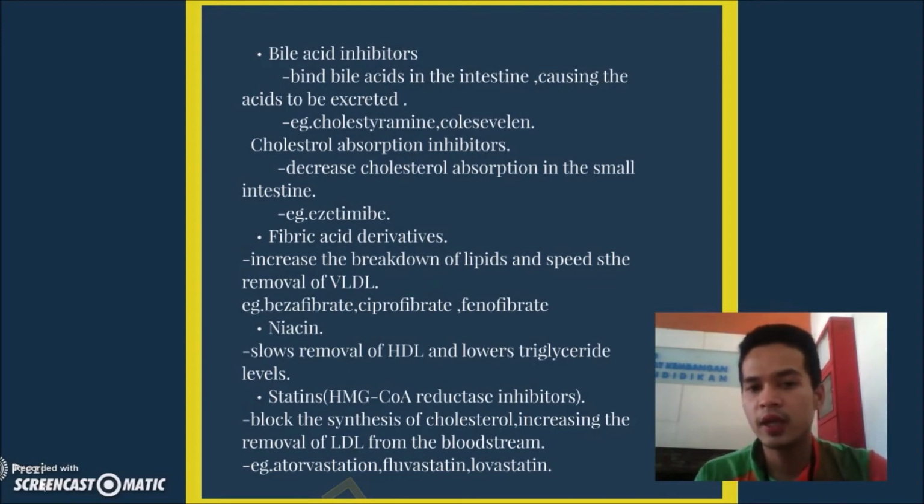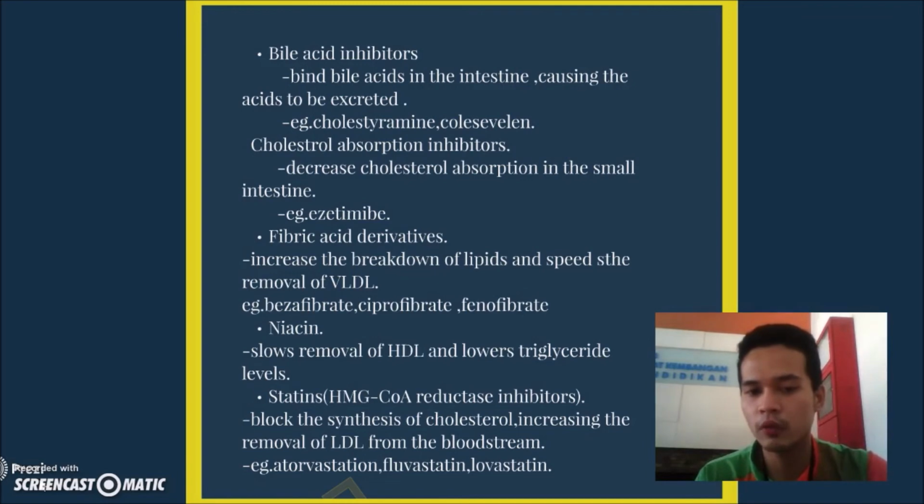Next is the fibric acid derivative. Mechanism of action: increase the breakdown of lipid and speed the removal of VLDL. Examples of fibric acid derivative drugs are bezafibrate and ciprofibrate. Next, we move to niacin. Mechanism of action: slow removal of HDL and lower triglyceride levels.